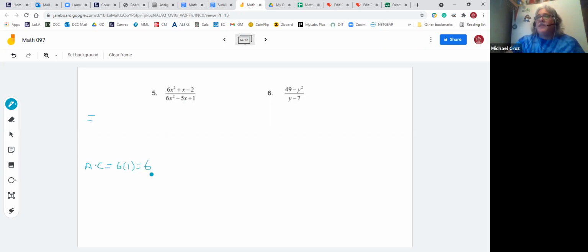So the factors of 6, and they both have to be the same sign, that add up to 5. So that's 2 and 3. So what I can do is, well, I tell you what, I'm just going to do it over here, and then I'm going to write it up there.